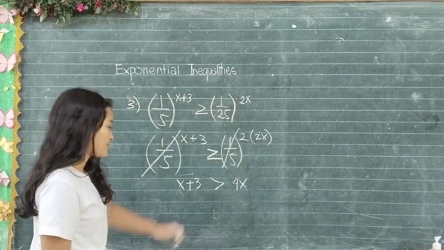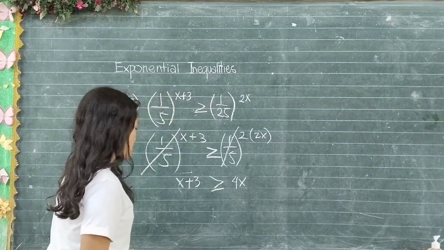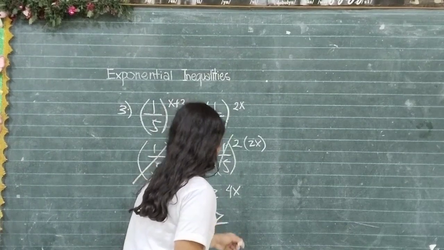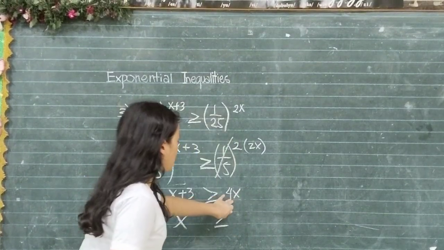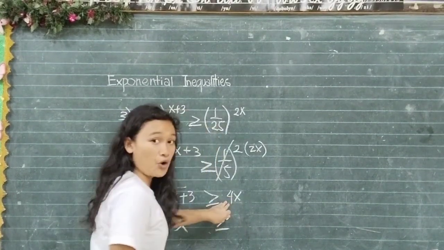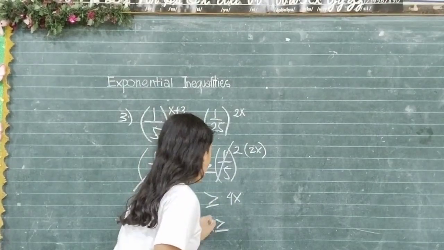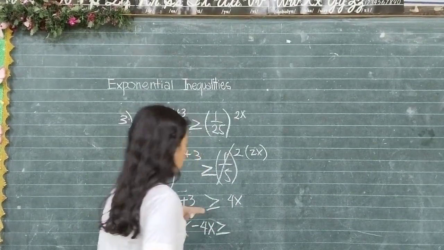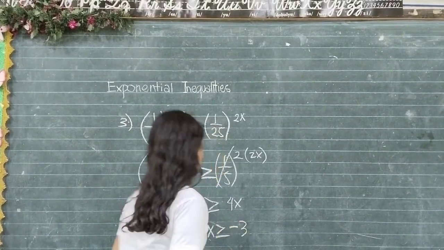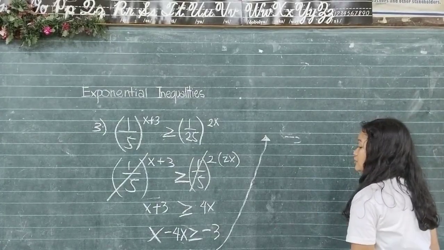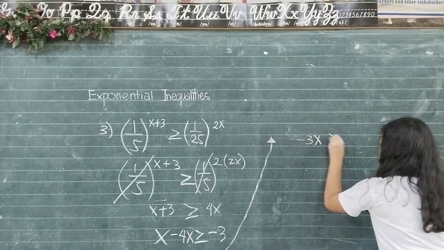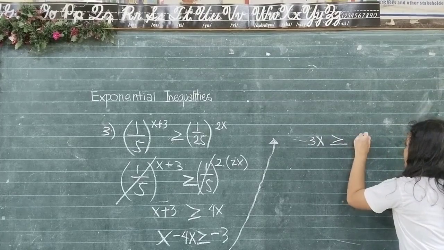Next, x plus 3 is greater than or equal to 4x. Since the 4x is on the right side, we transpose it here, so it becomes negative 4x. The 3 is positive there, so we transpose it to the other side, and it becomes negative 3. So, x minus 4x is equal to negative 3x, is greater than or equal to negative 3.